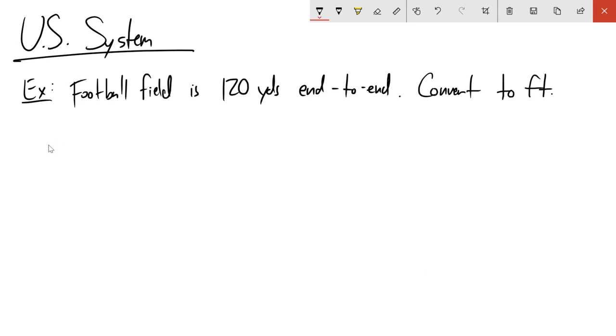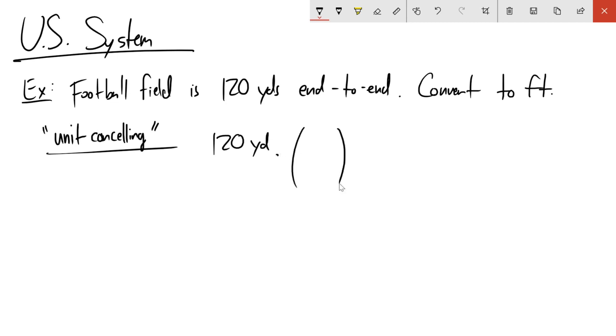Now, there's a process that you can use, and this is going to help us in converting between systems too. I call it unit canceling. So here's the way it works. First off, you say, where are we starting? We're starting at yards. Then we're going to multiply this by a fraction.